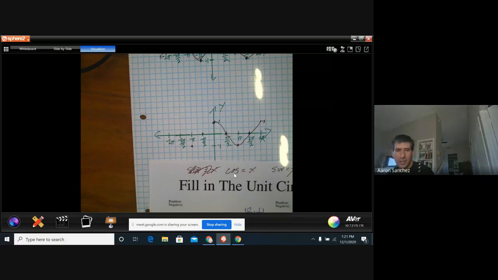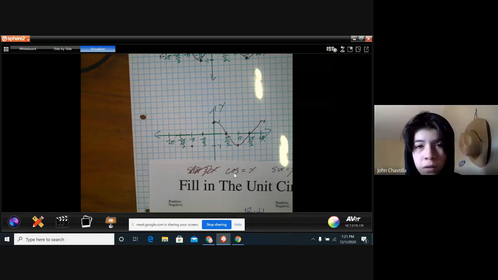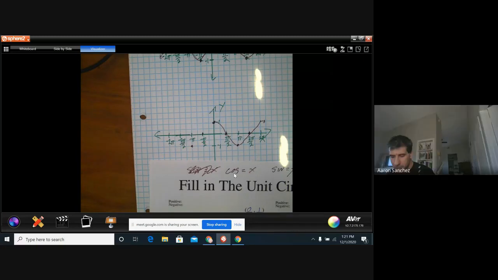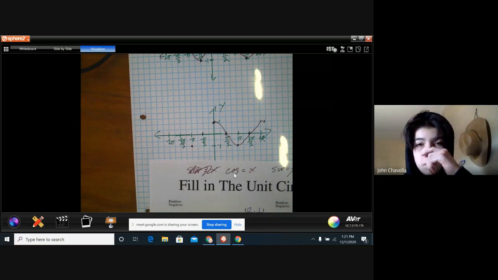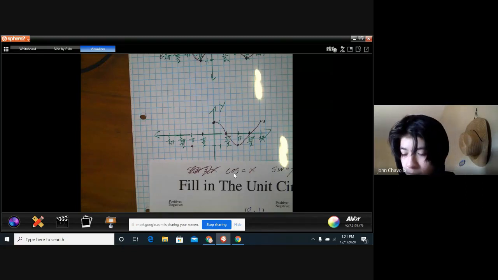What's cosine of negative 3 pi over 2? 1/2. Or -1/2.